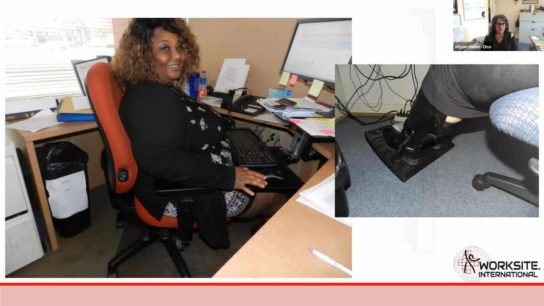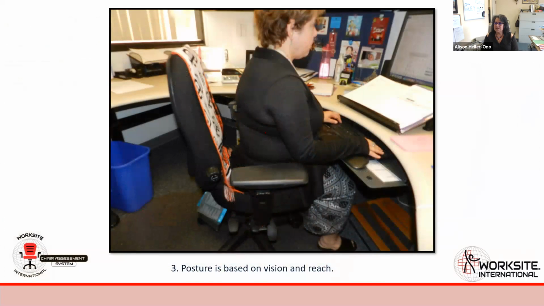Okay, let's look at another one. So this is typical where you come in and you see people sitting forward of the seat pan and without any backrest support. Remember what we talked about, and this is point 3, posture is based on vision and reach, where your eyes need to see what your hands are doing or where your visual target is. So we can see she's looking at her monitor.